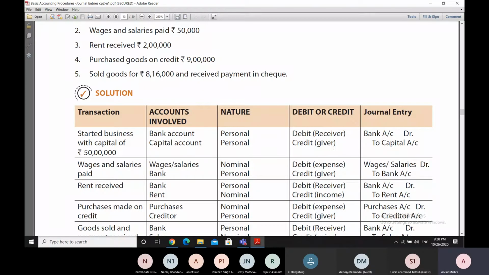The giver here is the capital account and the bank account is the receiver of the capital of 50 lakh rupees, because this 50 lakh is actually flowing in the form of capital. Therefore we debit the receiver, so we debit the bank, and we credit the giver, which is the capital.